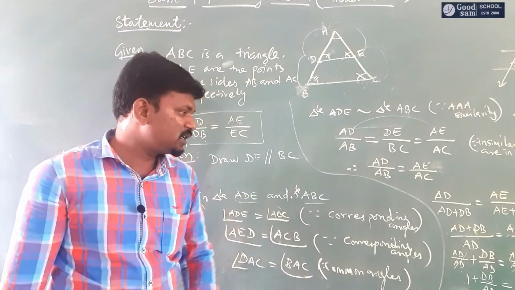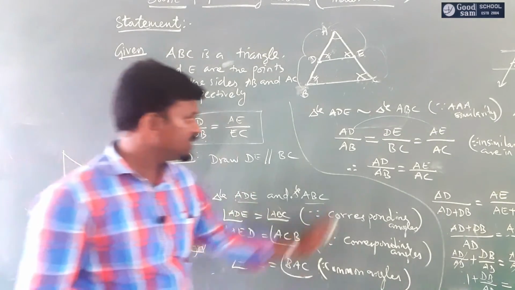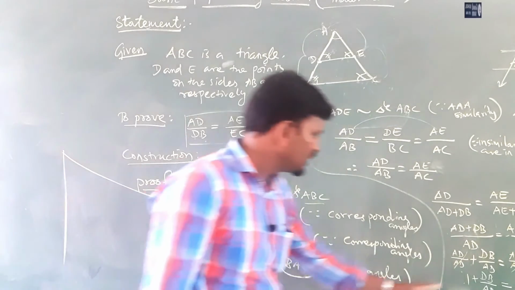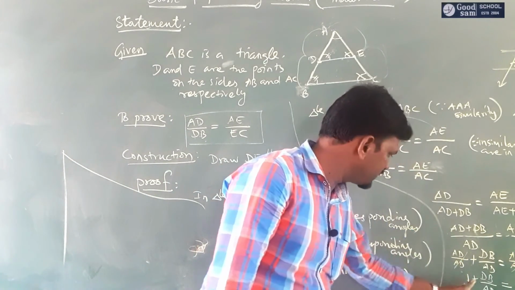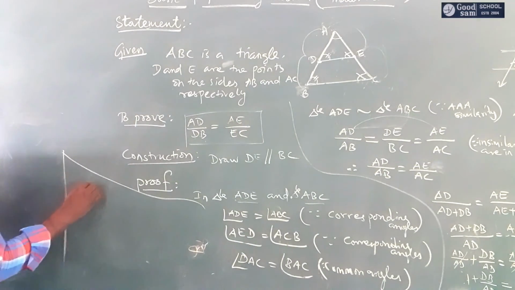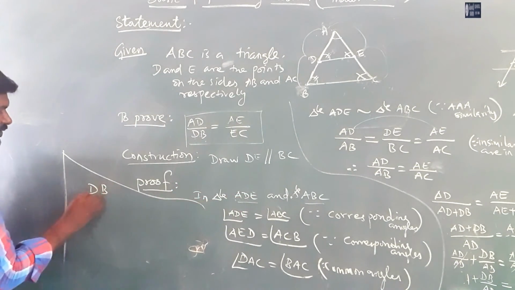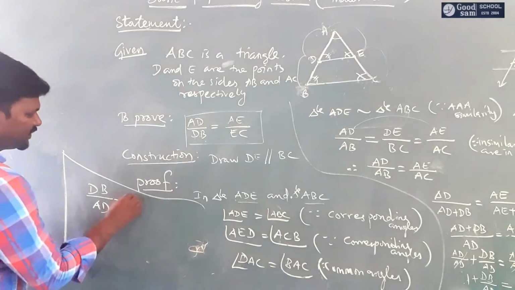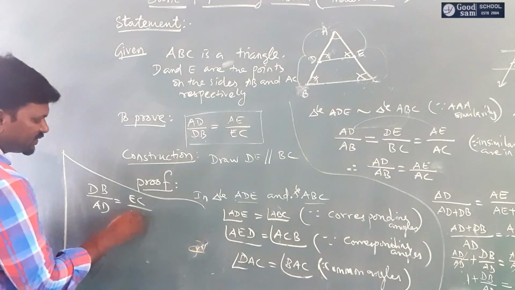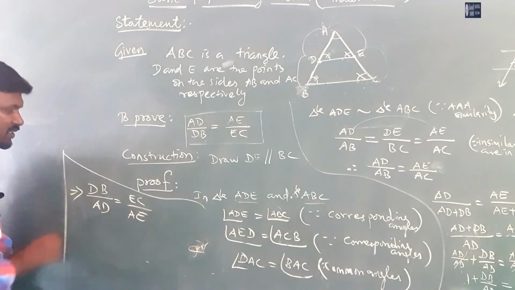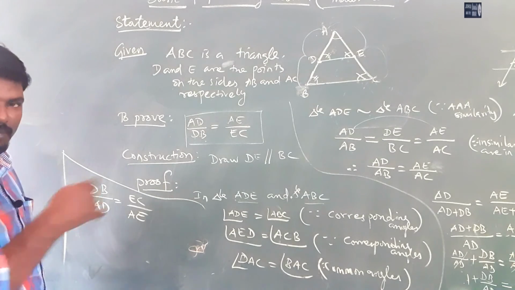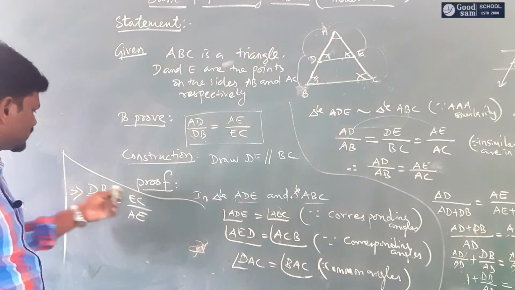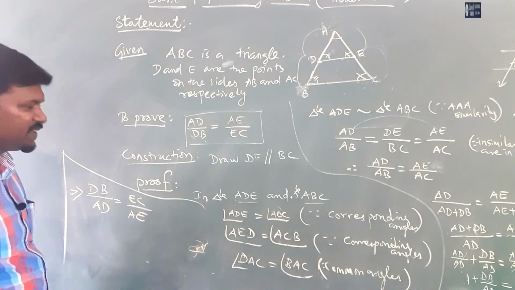When you are writing in your note, you have to write one by one, after this, then write this below. So eliminating 1 on both sides, the remaining terms are DB by AD is equal to EC by AE.